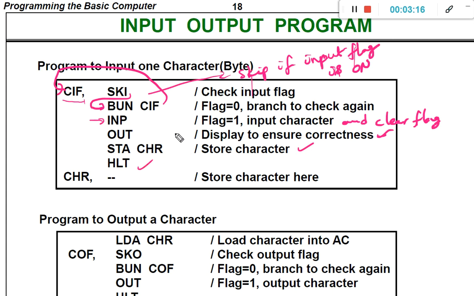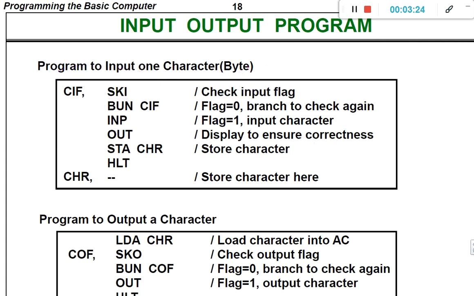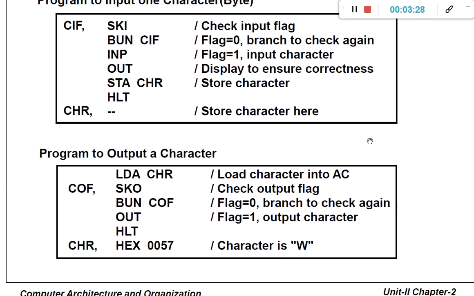So this is how we are going to write the program to input one character into the computer system. Similarly, to output one character, similar code will be there. Load character, LDA CHR: whatever content is available in CHR, load it into the accumulator register.